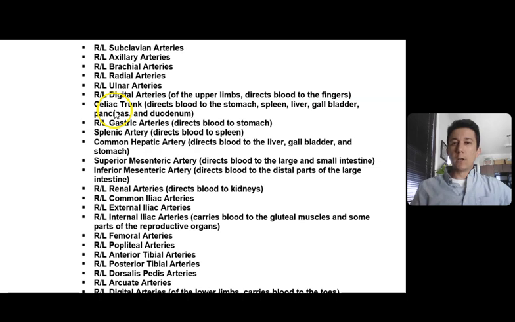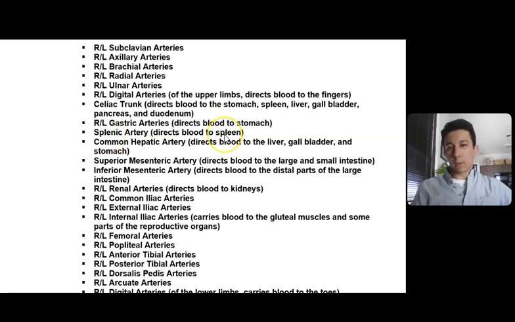The celiac trunk is a major artery that directs blood from the abdominal aorta to major digestive system organs like the stomach, the spleen, the liver, the gallbladder, the pancreas, and even parts of the small intestine like the duodenum. We have the gastric arteries; the name gastric implies the stomach, so that's a major set of arteries delivering blood flow to the stomach.